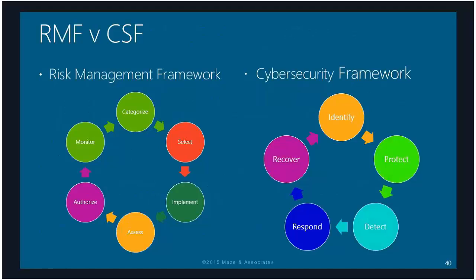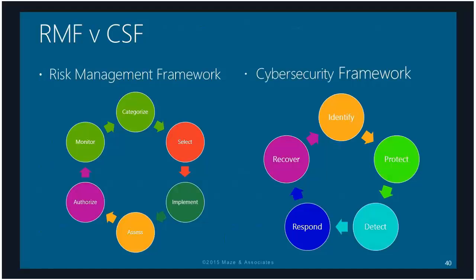So looking at these two frameworks and how they overlap with one another, we don't have to get into it here, but just know that they're looking at the same thing. When you say categorize or identify on the cybersecurity framework, or categorize on the risk management framework, what we're really talking about is identifying what your information assets are, and then figuring out what controls you need to put in place to protect those from whatever risks exist out there.